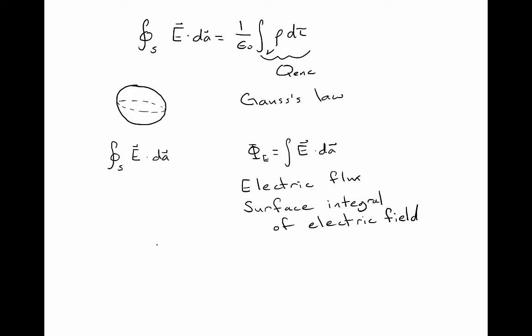I'm not sure in which AP Physics classes you do much with this. You may have seen it if you just deal with the electric field through a square or a circle. You might have seen it as E dot A, or you might write it as EA cosine theta. And again, I'm not sure what it looks like in APB or APC physics, or I guess APB is now AP1 and 2, and I definitely don't know what it looks like in AP1 and 2.